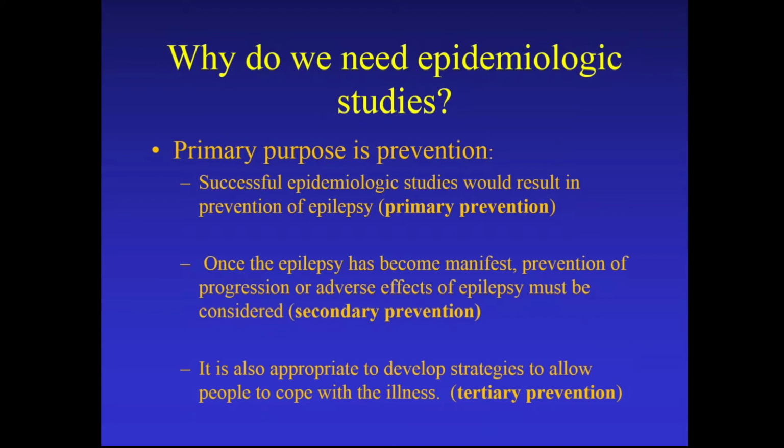On the other hand, I think there are very convincing studies, and there are now probably 6 or 7 different communities where epidemiologic studies have been done over time in children, and it's clear that the incidence of epilepsy, that is, new cases of epilepsy, have fallen by probably 40 to 50% over the last 30 to 50 years. Now, the problem is, it's not clear why this drop has occurred.